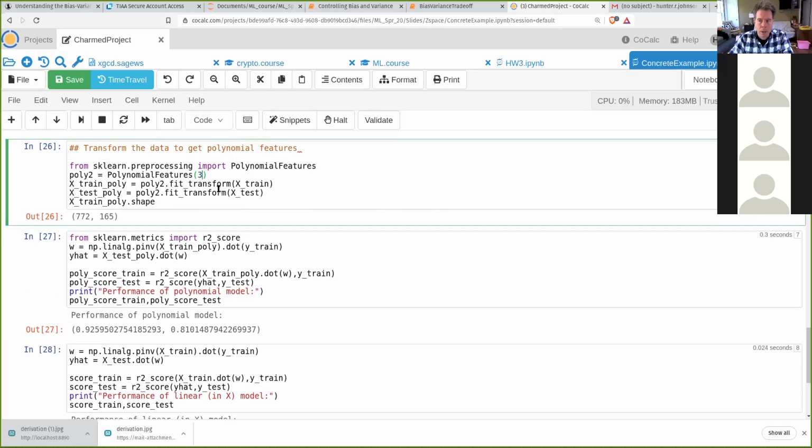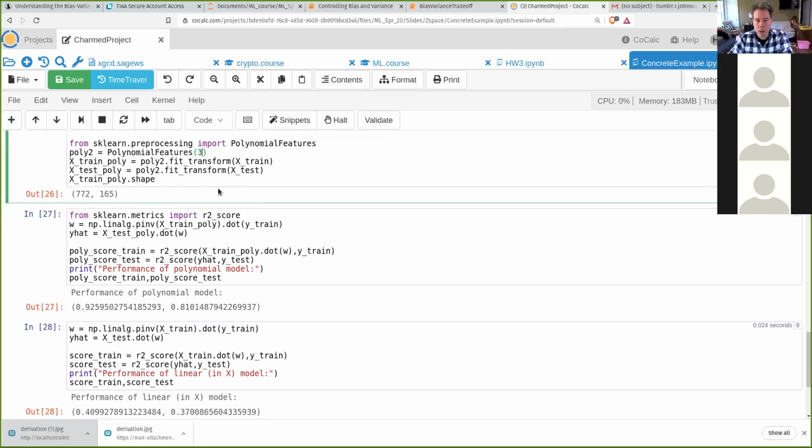This is an example of something we call a hyperparameter. It's not something that gets tuned when you find the optimal W. It's sort of like a meta feature of the algorithm. And often when you tune these hyperparameters, you can work the test set kind of hard, because I'm using the test set here to tune this number to the number that gives me the best performance on the test set.